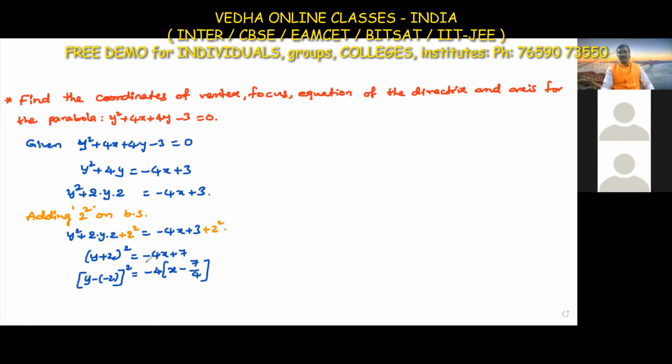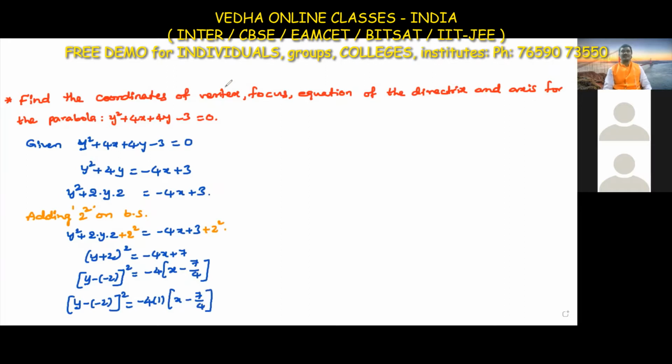Now observe carefully, it is in the form of y minus k whole square is equals to minus 4a into x minus h. So y minus of minus 2 whole square is equal to minus 4a into x minus 7 by 4.